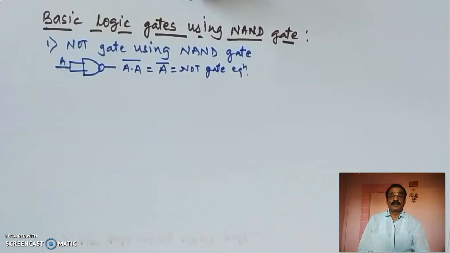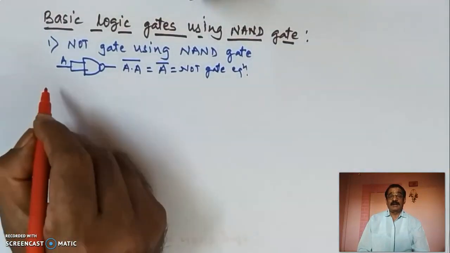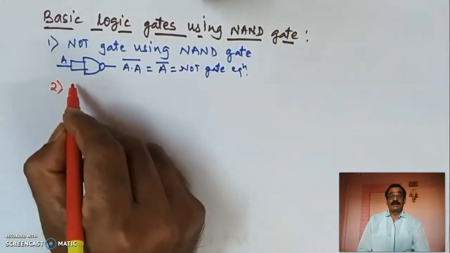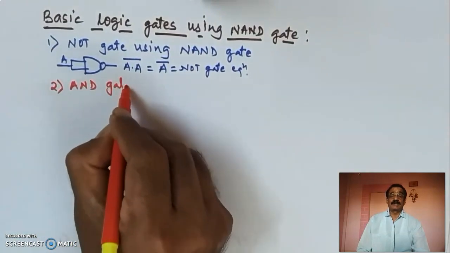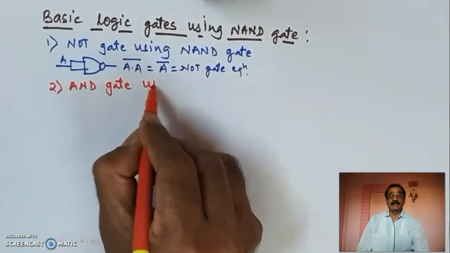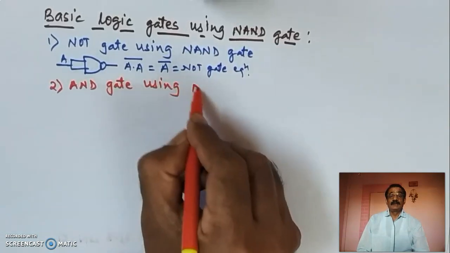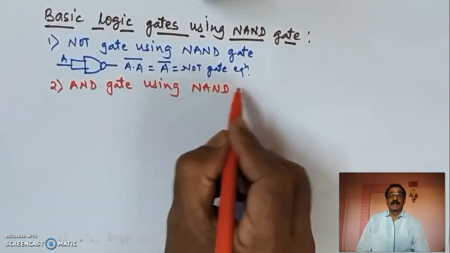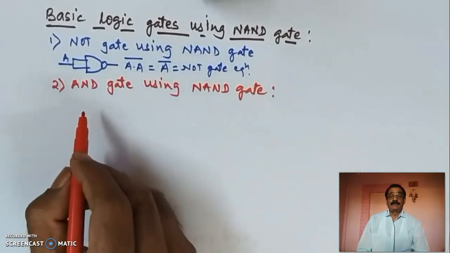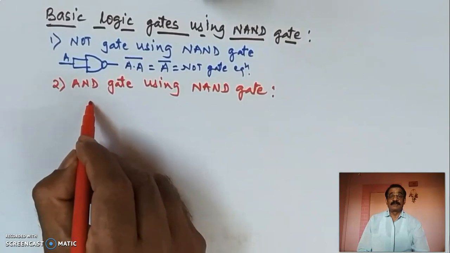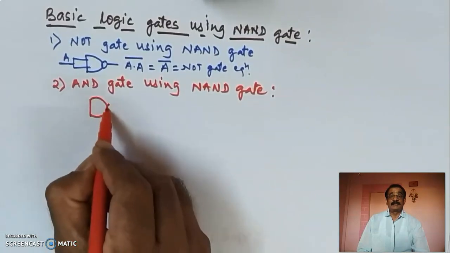Second, the AND gate using the NAND gate. How the AND gate can be constructed using the NAND gate. Draw the symbol of the NAND gate.